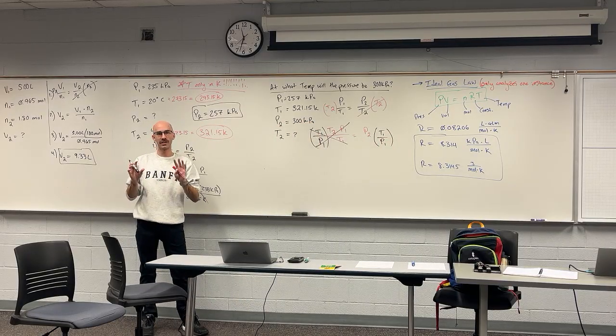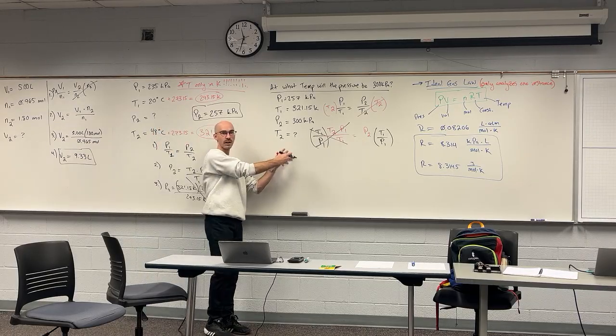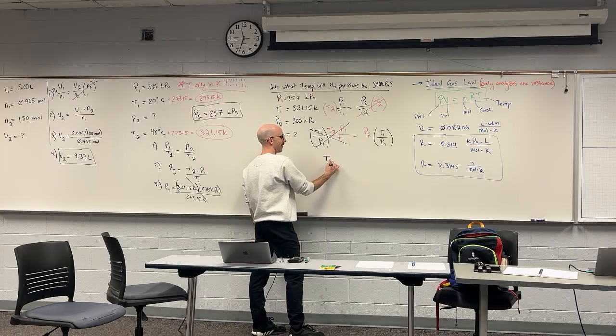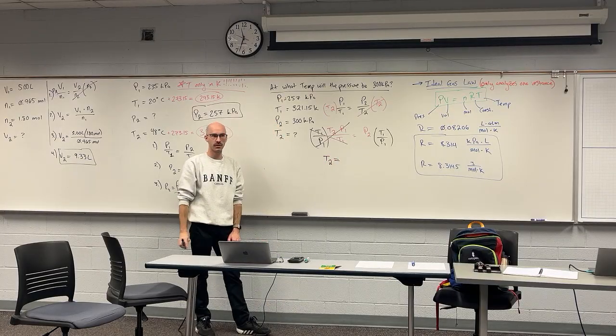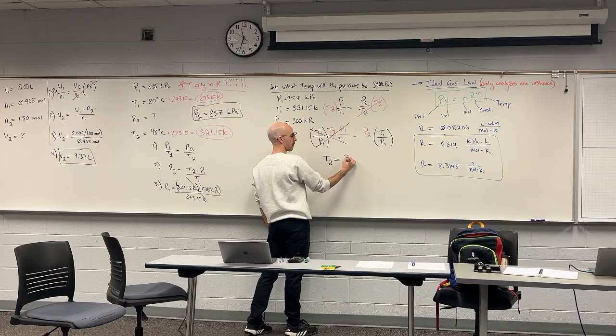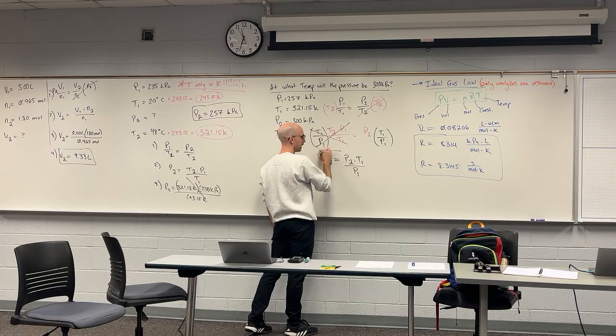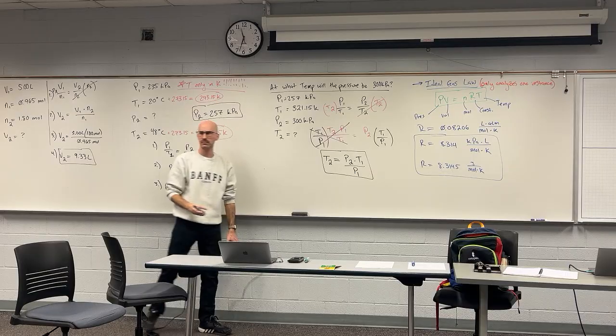The algebra is a little bit more involved, but it's the same process. Get rid of what you have on the left and move it to the right-hand side. So now I have T2 equals P2 times T1 divided by P1.